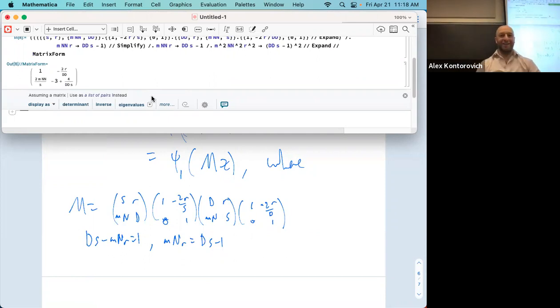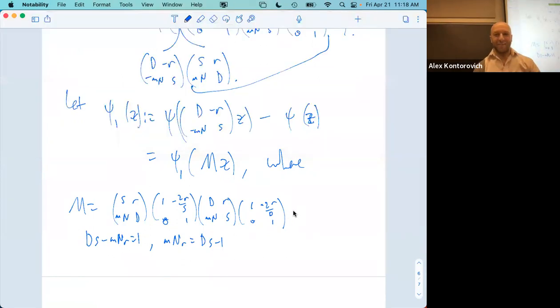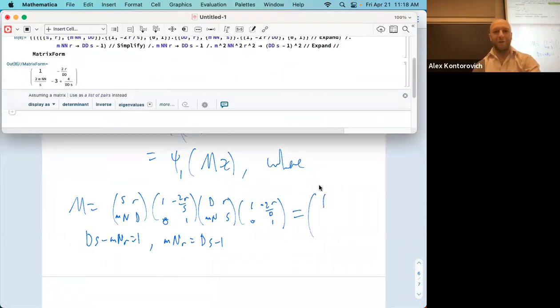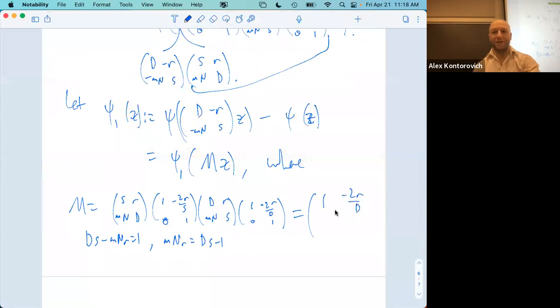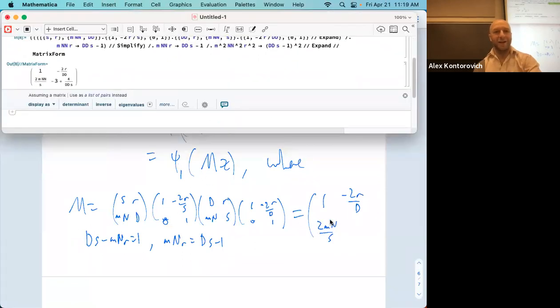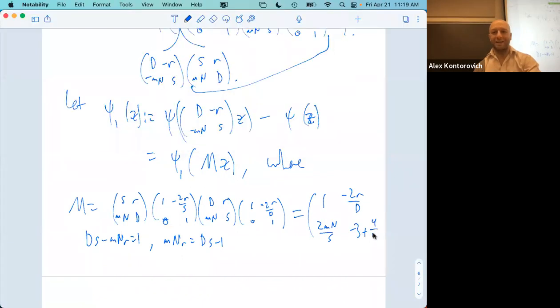Okay. Check this out. This is the miracle. M simplifies to 1, negative 2R over D, 2MN over S, 2MN over S, and negative 3 plus 4 over D times S. What is the determinant of this matrix?